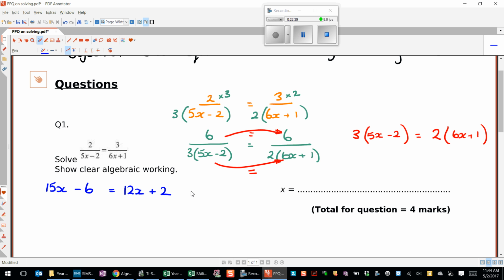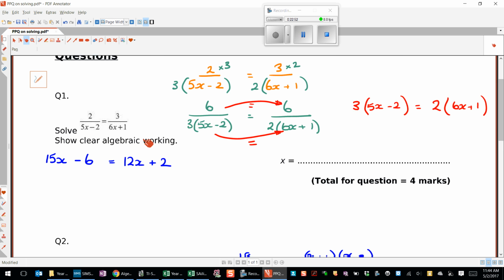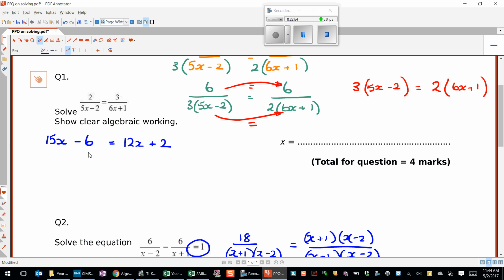So now we're in a situation you've met before, just simple linear equations with unknowns on both sides, like you solved with the other one, but that was harder because it was quadratic. What do we do at this stage, Leah? So I'm going to subtract the 12x from both sides. Can I write that result first, rather than do it all in one go?